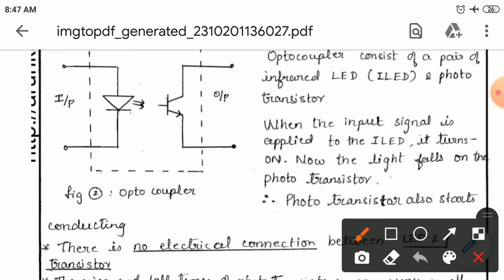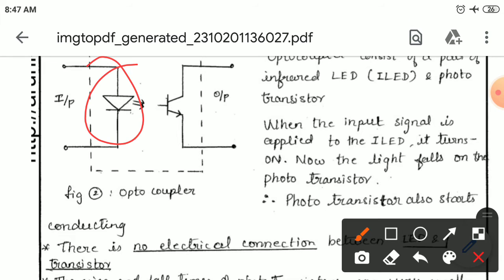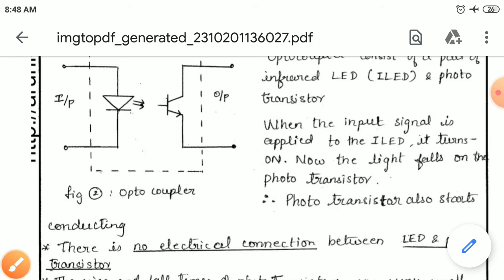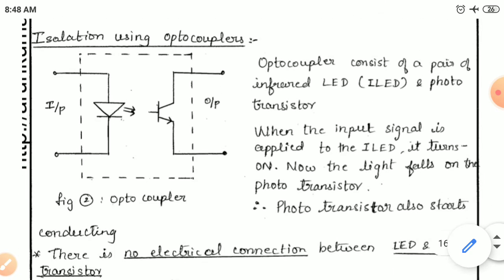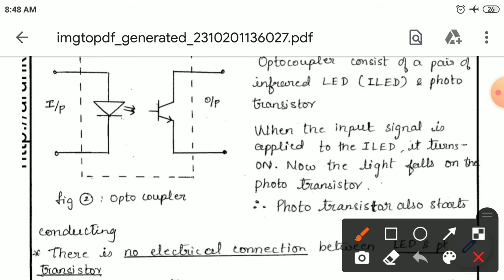What is the function of the photo transistor? As the name says, photo means light, so this photo transistor works only based on the light.